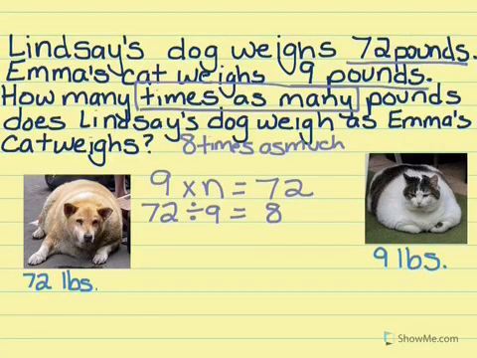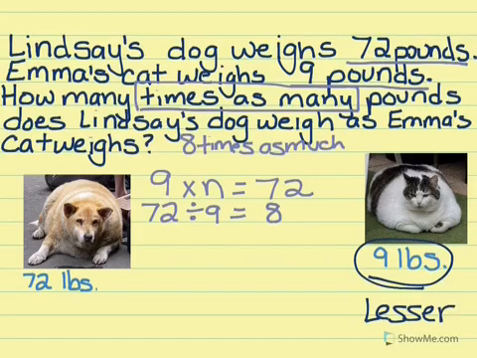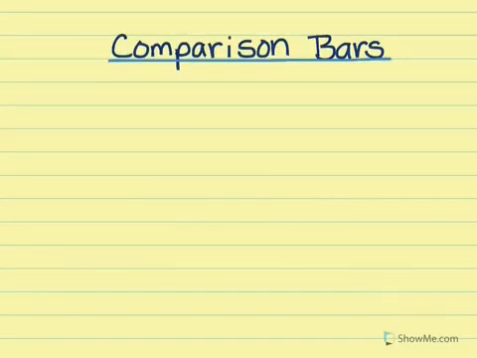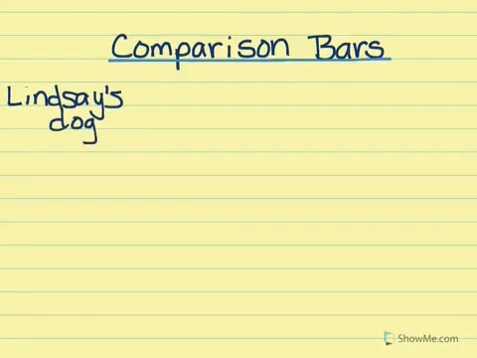What that means is 72, which is my greater quantity, is represented by repeated groups of my lesser quantity. So I have Lindsay's dog and I have Emma's cat.